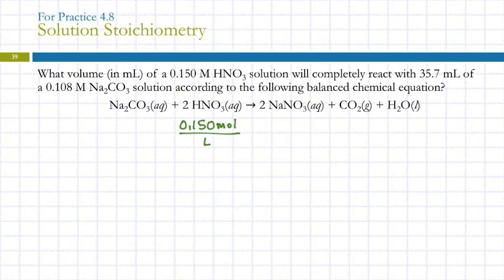Then I'm told I have 35.7 milliliters of the sodium carbonate, and I'm given a concentration of that as well, 0.108 moles over liters. I've got all my numbers written down, then I'm going to look for the question: what volume in milliliters of the HNO3? So my question goes here, and the unit requested is milliliters.